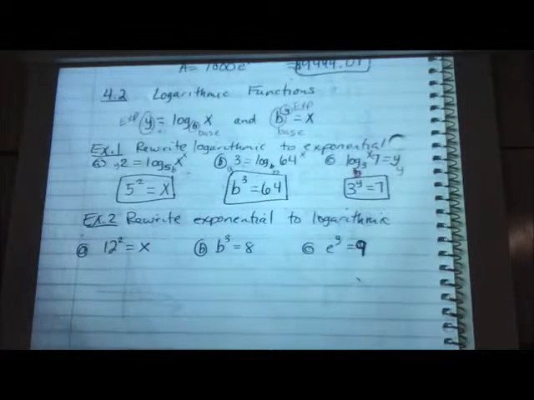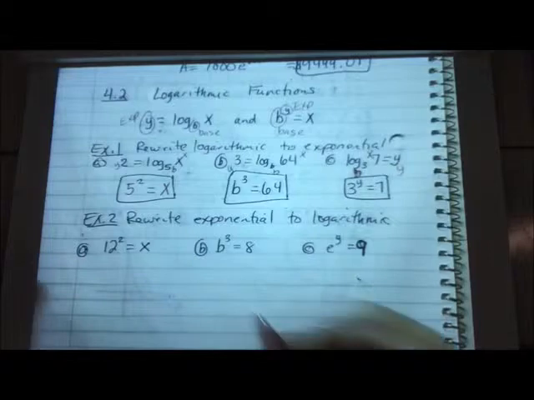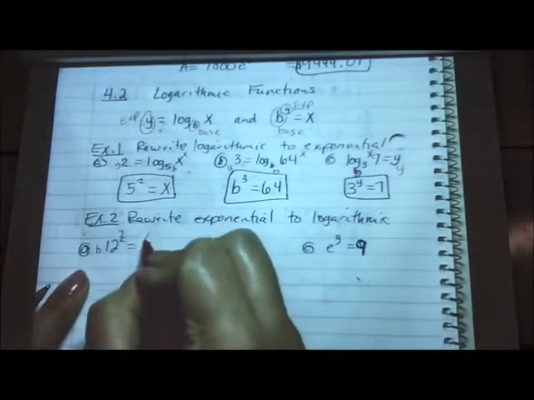So once again, you label based on this, and then you rewrite it. So the 12 would be my b, this is my y, and this is my x.